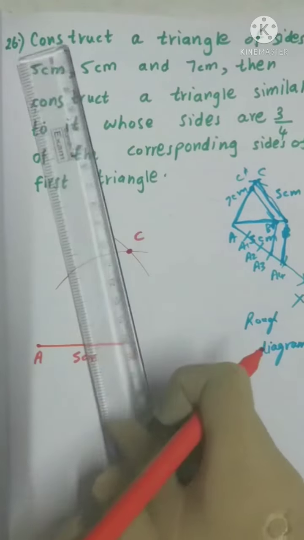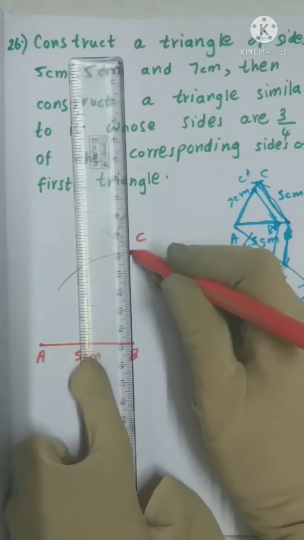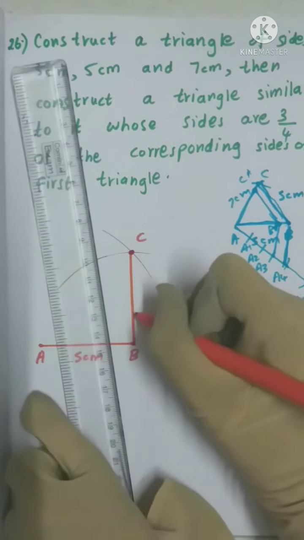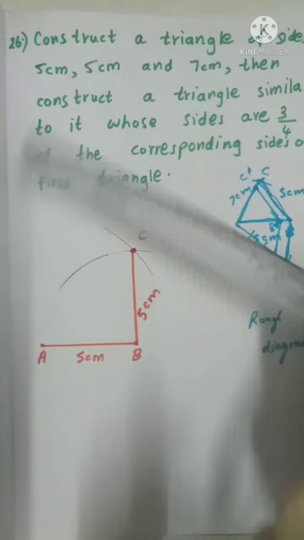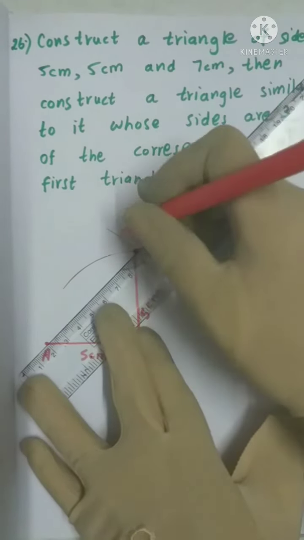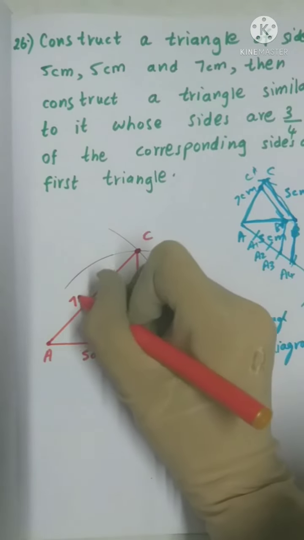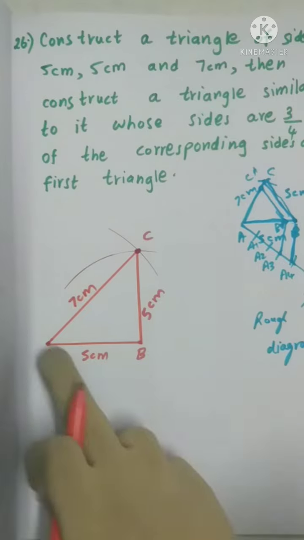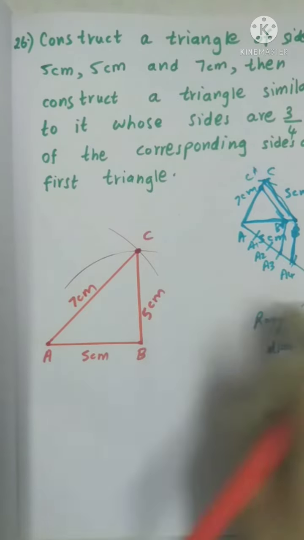First, this is my triangle which is given to me. This is 5 cm, and this is 7 cm. Now what to do? Draw a ray AX in such a way that it makes an acute angle with AB.